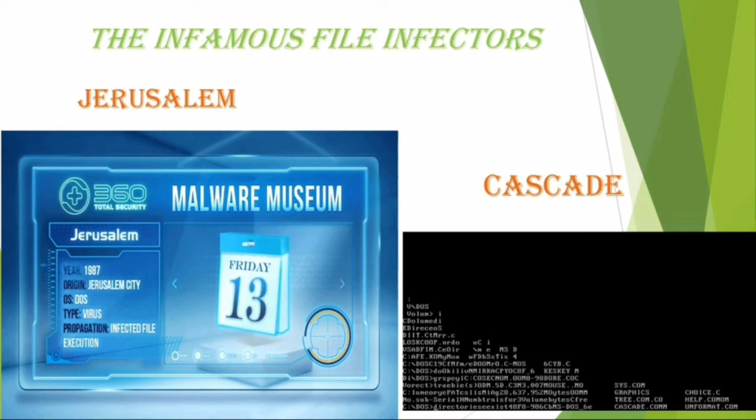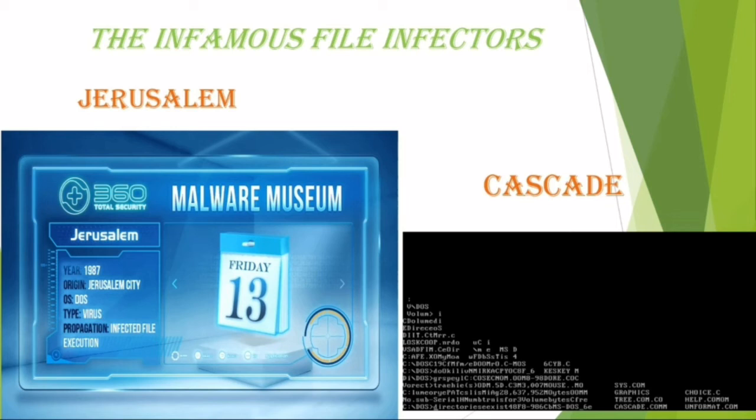This is how the Jerusalem virus infected thousands and thousands of operating systems. Nowadays, this type of file infector is obsolete and is not to be seen. But after 1987, there were many new versions of this virus. People love making inventions and new versions of these kinds of things.